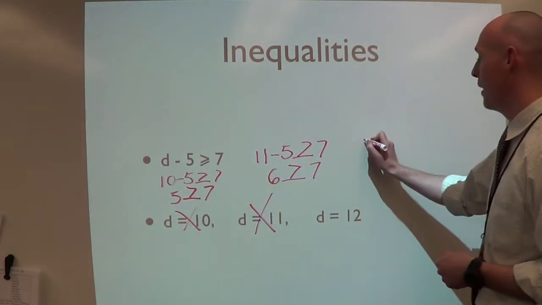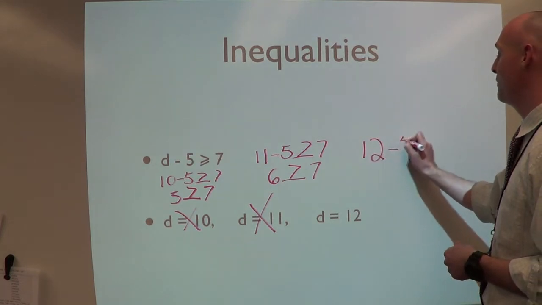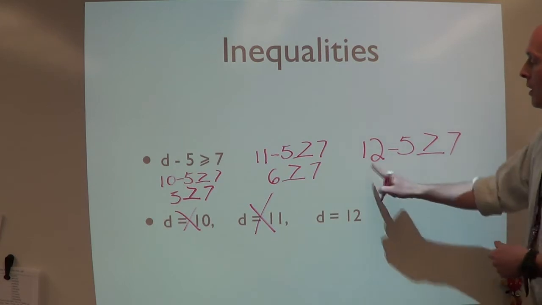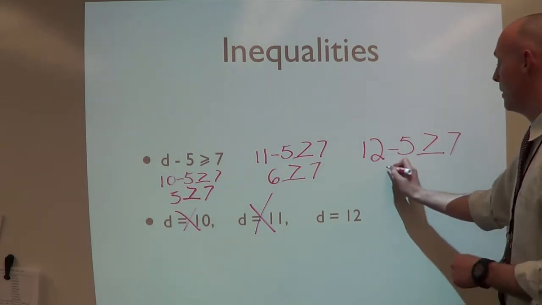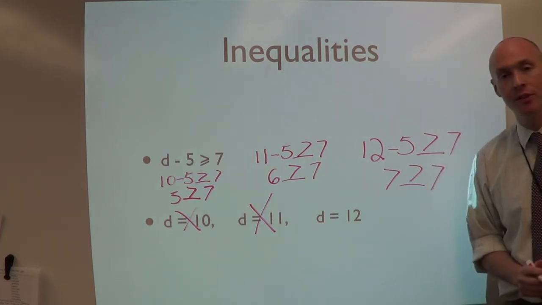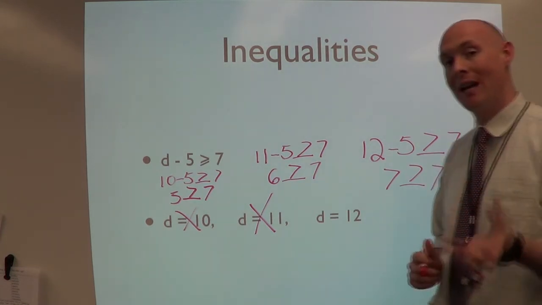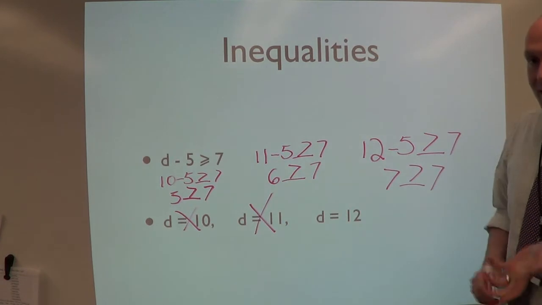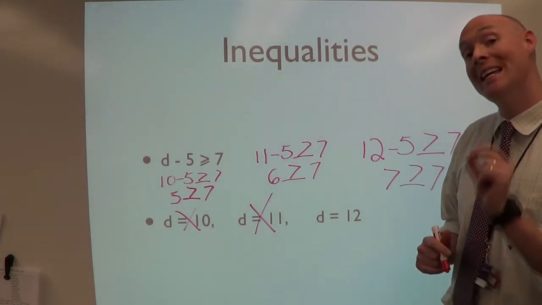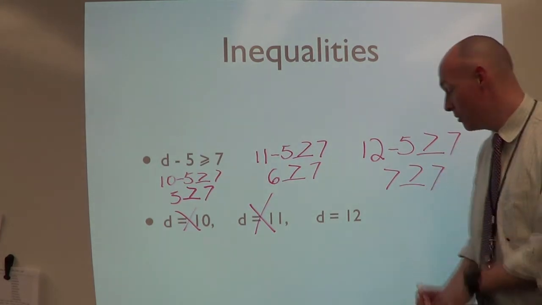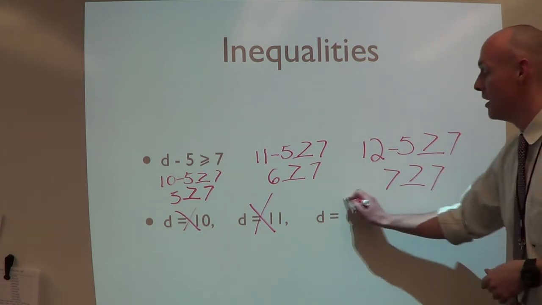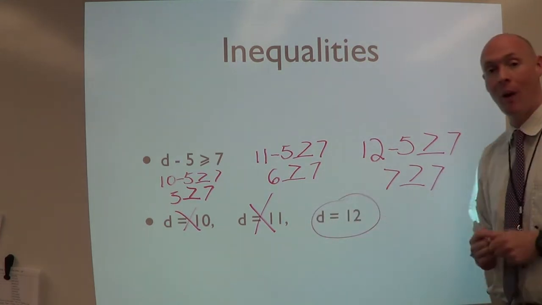I'm going to substitute 12 in. 12 minus 5 and 7. 12 minus 5 is 7. Is 7 greater than or equal to 7? Well, notice what I'm saying. Is 7 greater than 7? No, it's not. Is 7 greater than or equal to? Is it equal to? Does 7 equal 7? Yes, it most certainly does. So d can equal 12.